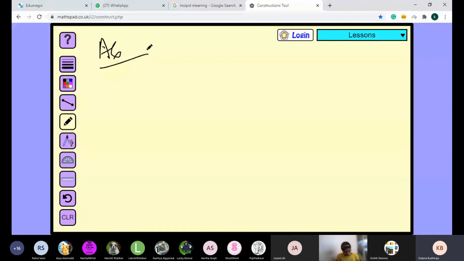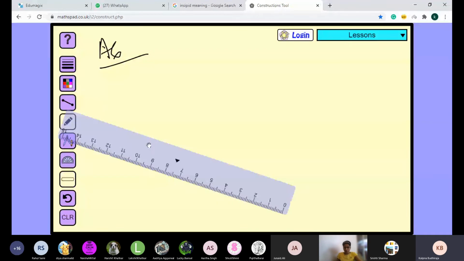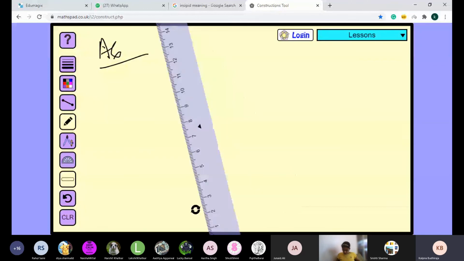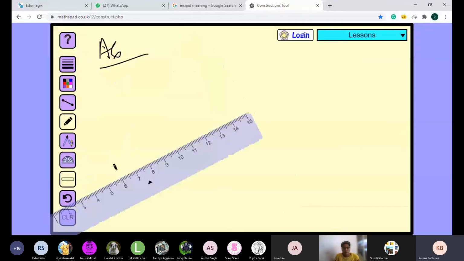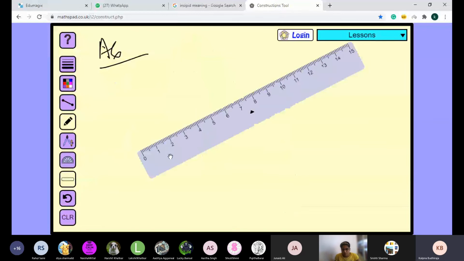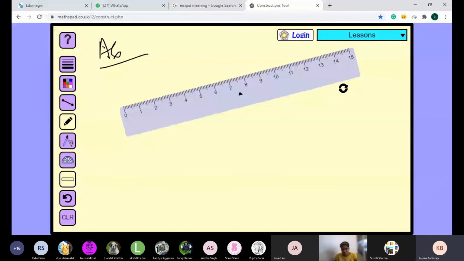Look, drawing 6.3 centimeter directly with a scale or ruler is very easy, but here we are doing it with the compass. All of you observe it. In this case you will not measure directly.